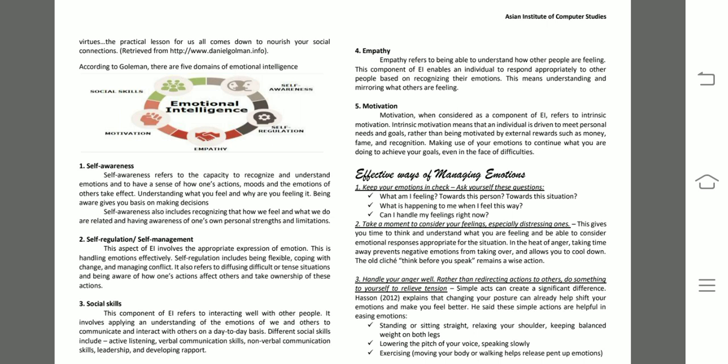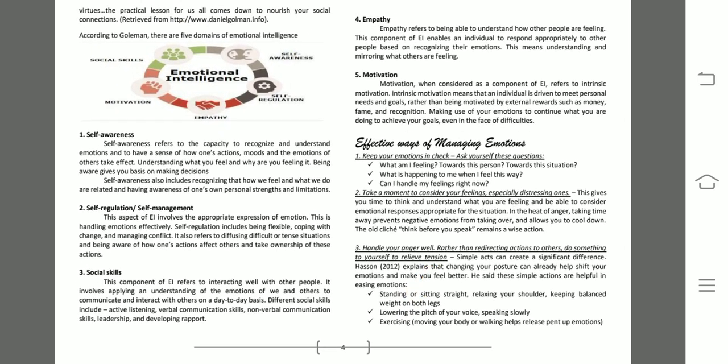Di ba? Kumbaga, ang isang tao, pag na-recognize daw niya yung motivation, he is motivated or driven to meet his own goal in life rather than being motivated by external rewards such as money, fame, and recognition. Di ba? So, making use of your emotion to continue what you are doing to achieve your goal even in the face of difficulty.